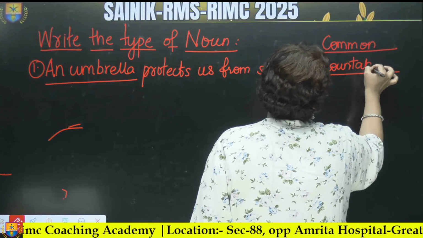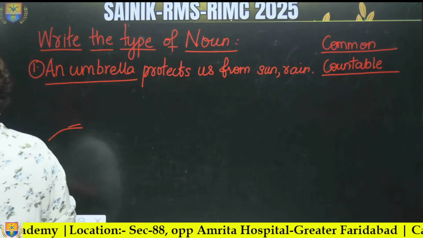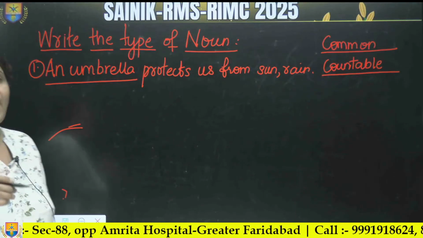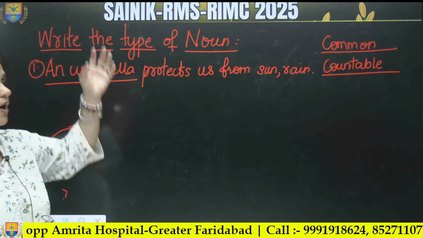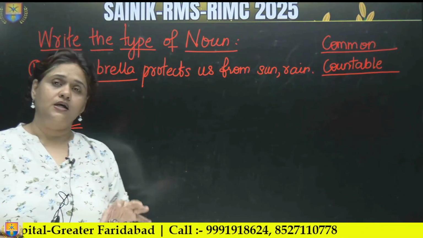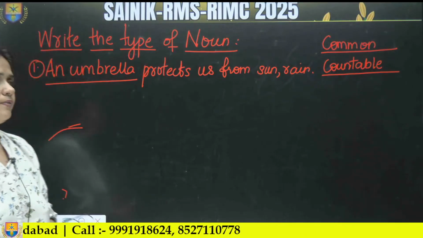Both are correct, and any one of them, if you mention, that is also correct for the answer. So remember, when you have the MCQ questions and you have many options in it, you need to look at the appropriate answer and then circle it, underline it as required.